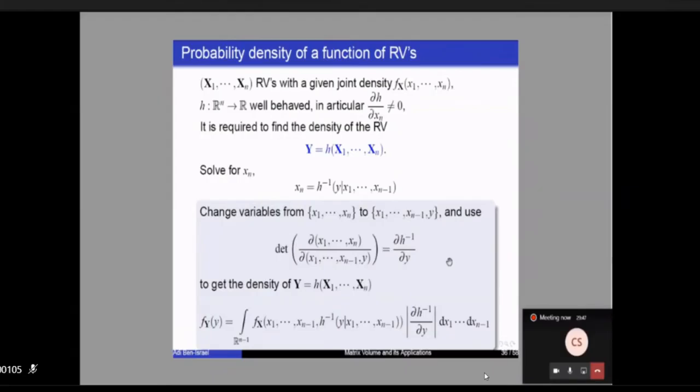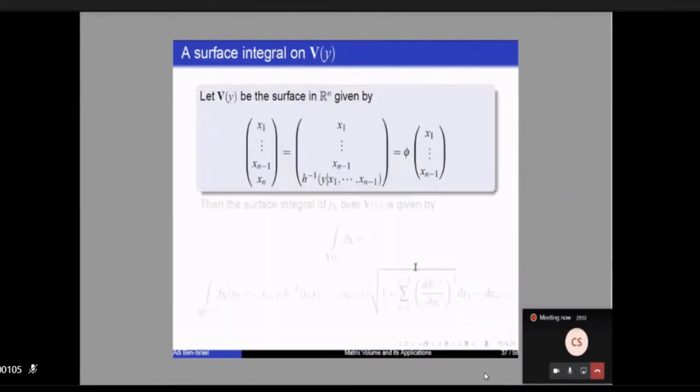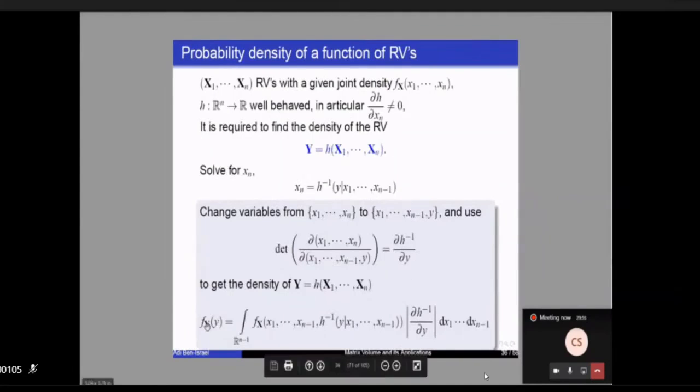So the determinant is just the bottom right element, which is the partial of h inverse with respect to y. And we can write the density of y using the Jacobi formula. So it is the integral over the variables x1 to xn minus 1, and we have the determinant of the Jacobian.